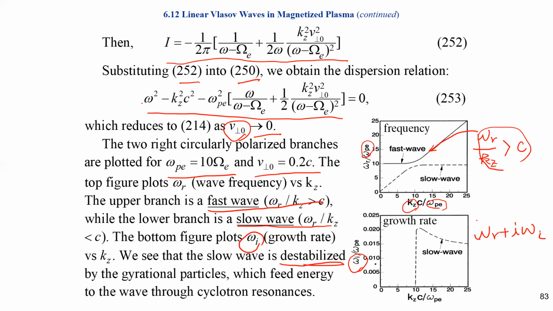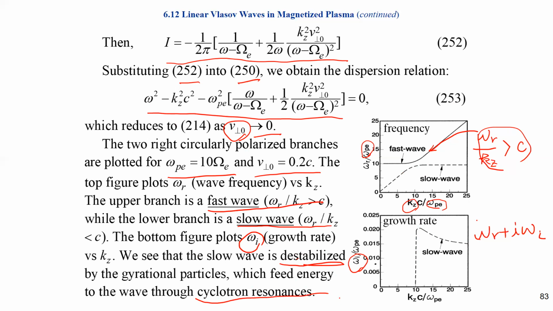Omega will have a real part and an imaginary part. The real part is drawn here, and the imaginary part is shown here. It's not zero, which means the particles feed energy to the wave through spectrum resonance. That means this system is unstable.